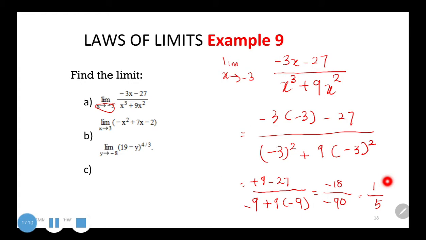Okay, so I want you to do example B and C and submit it to me on eLearn.